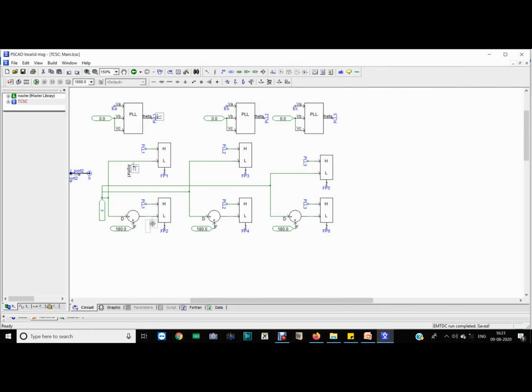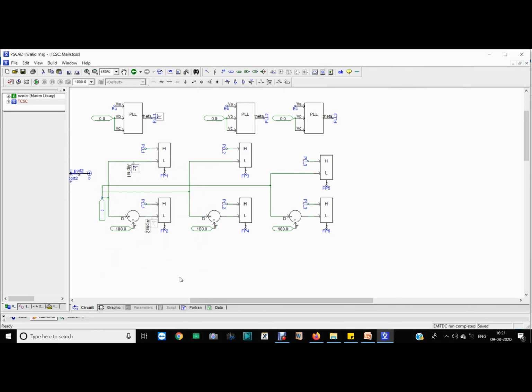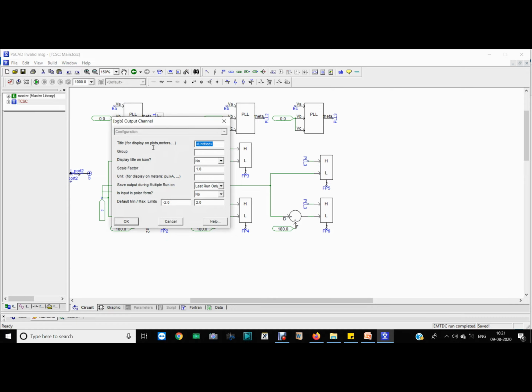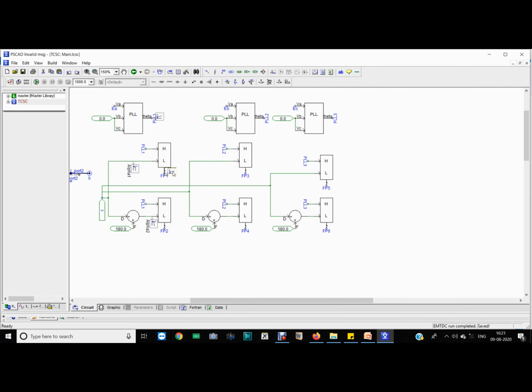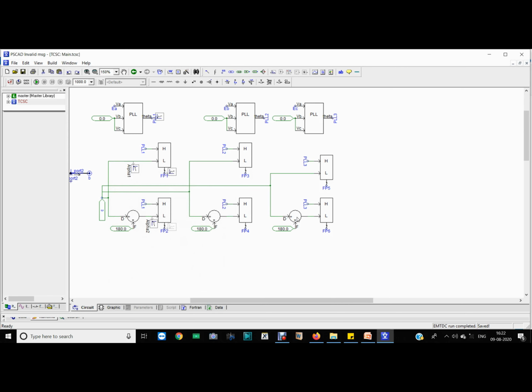This is your alpha 2. Alpha 2 means alpha 1 plus 180 degree, right? And just take this AP1, copy it, paste it here, connect here as AP2, right?